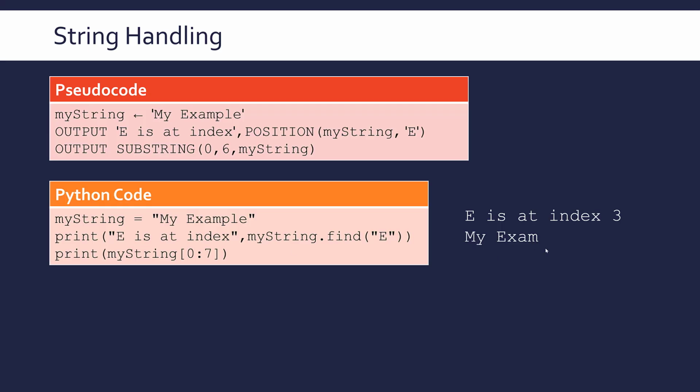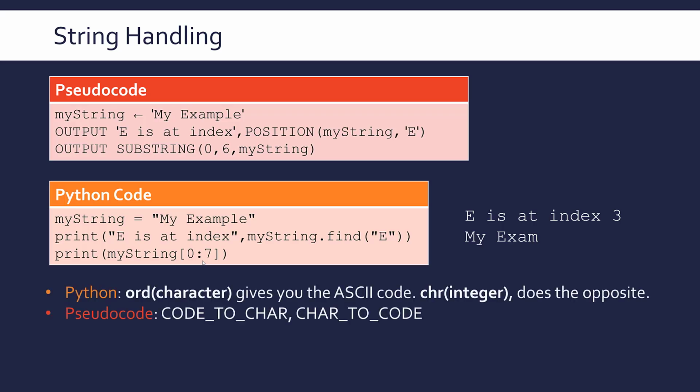So if we want to include index 6, I've got to put 7 as my second number in this square bracket. And we separate the start and end point, or start and end plus 1 point, with a colon. I would suggest if you are learning Python, you try this quickly in Python shell. Just try a few examples of string slicing, because it takes a bit of practice to understand how this works.